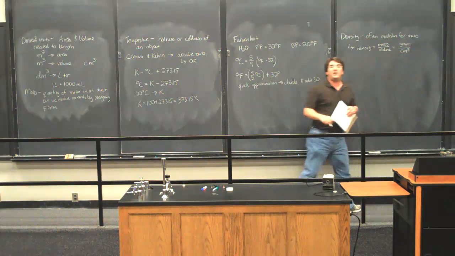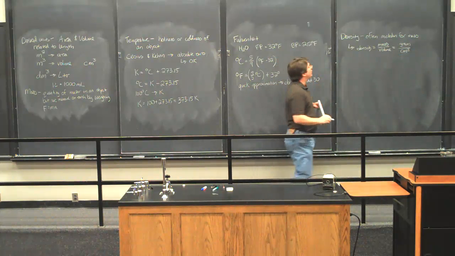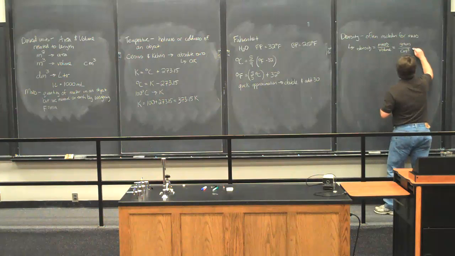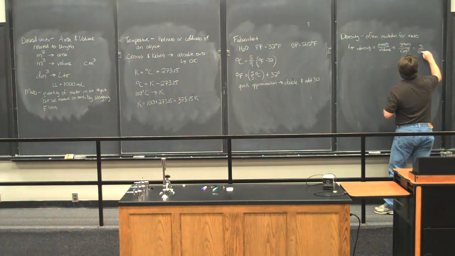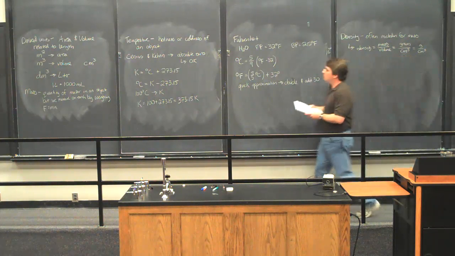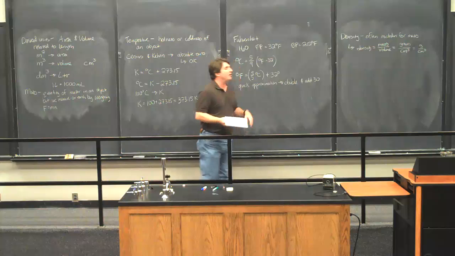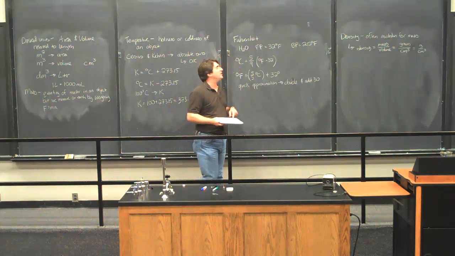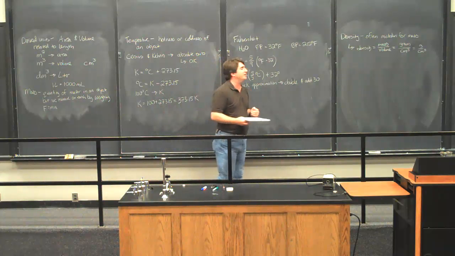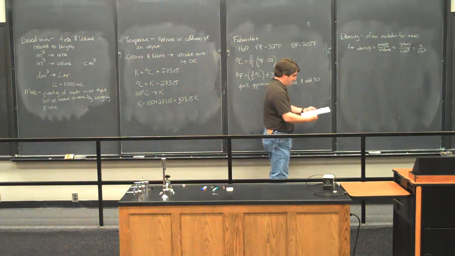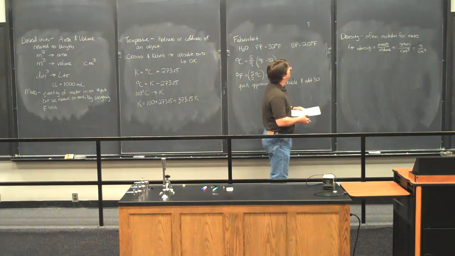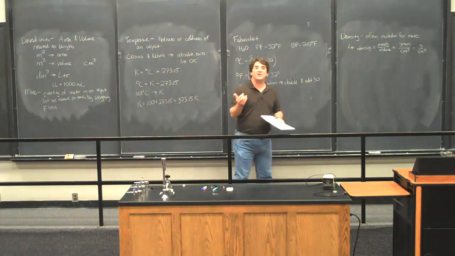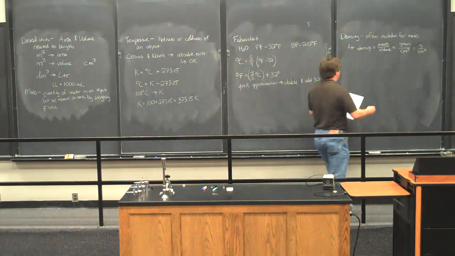So an appropriate unit for density would be the gram per cubic centimeter. Or, as we'll see later, a cubic centimeter is the same thing as a milliliter, so that could be a gram per milliliter. So density describes how much mass takes up a certain amount of volume.